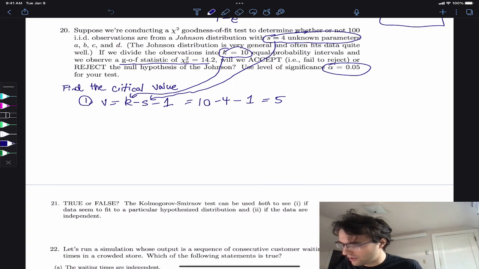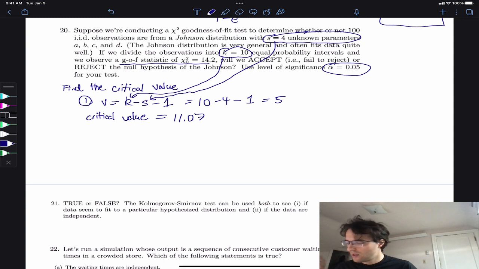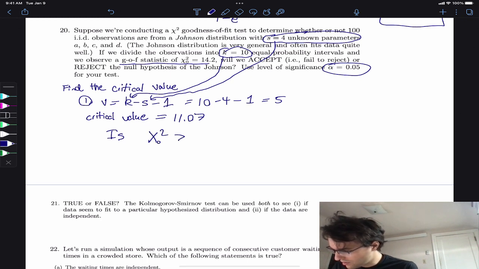So that means our critical value is 11.07.